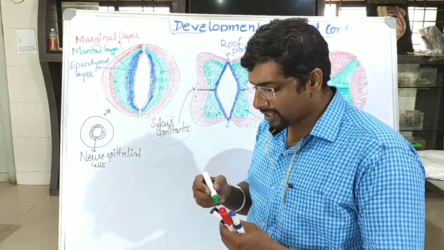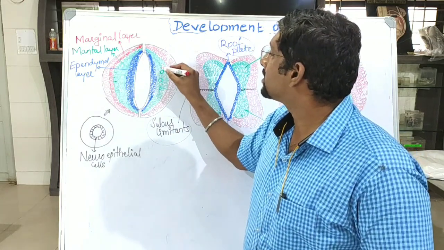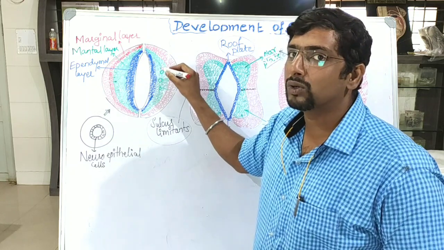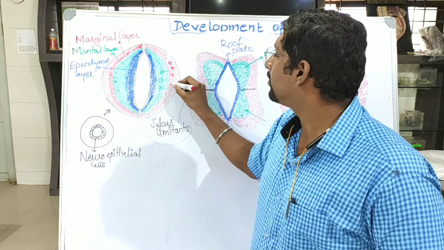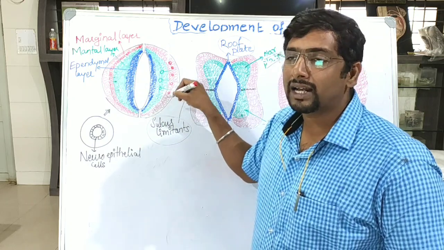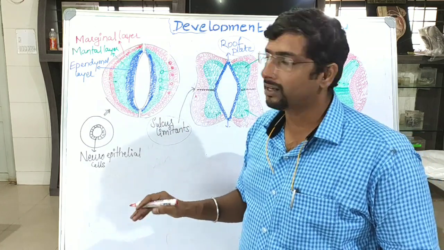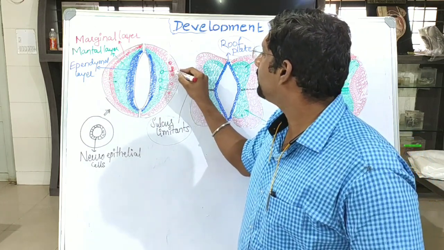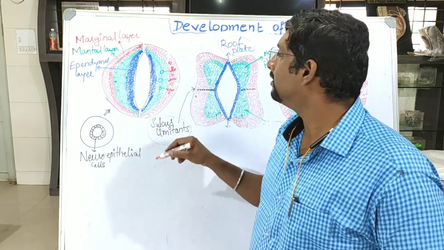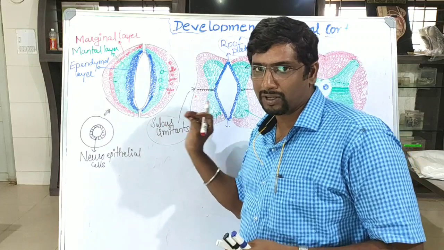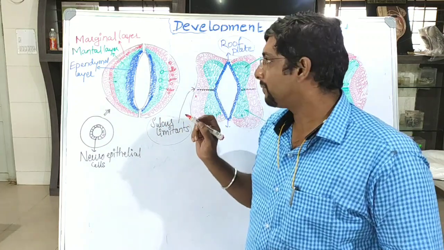And in the marginal layer, the neuroglia cells present inside the mantle layer slowly migrate towards the marginal layer, like the oligodendrocytes and astrocytes, and they are going to form the myelination around the nerve fibers which extend towards the marginal layer.